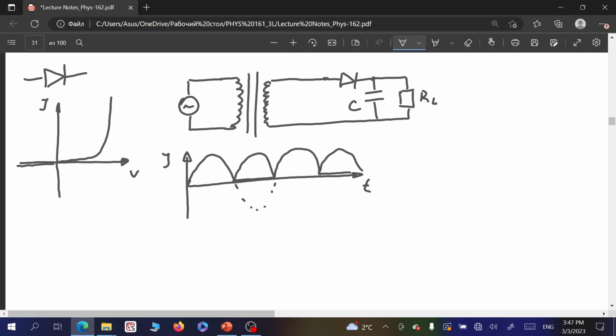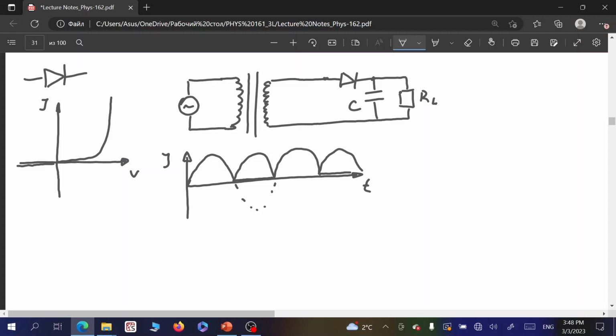What it gives us, it will create some lagging for current, because not all current will go through the load resistor at the beginning when current is increasing, but partially it will go for charging the capacitor. So it will not go up so steeply to the maximum. Once it reaches the maximum, current will start to drop.